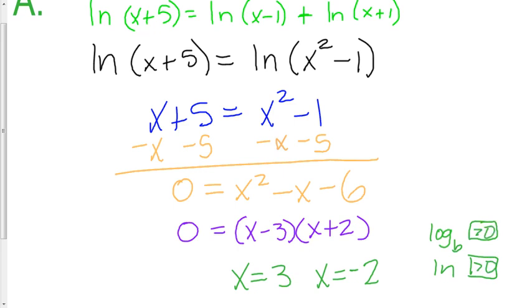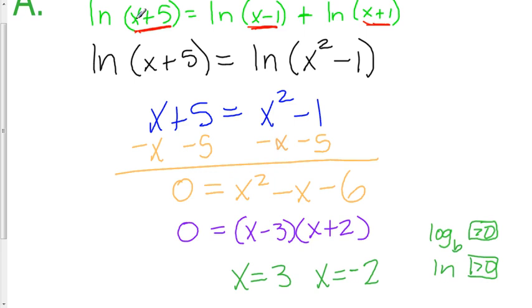So that means this part has to be greater than 0 in all three cases. When you substitute a 3 in, 3 plus 5 is 8, which is greater than 0, so it's okay there. 3 minus 1 is 2, which is greater than 0, so it's okay there. And 3 plus 1 is 4, which is also okay because it is greater than 0.